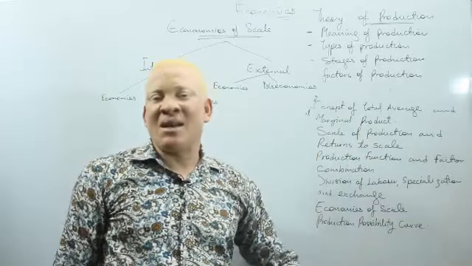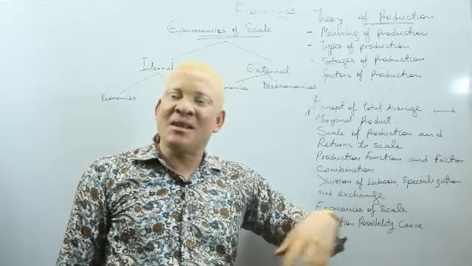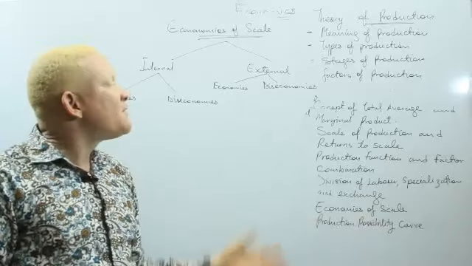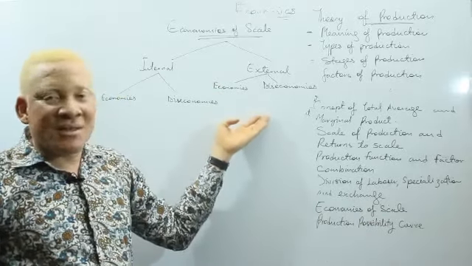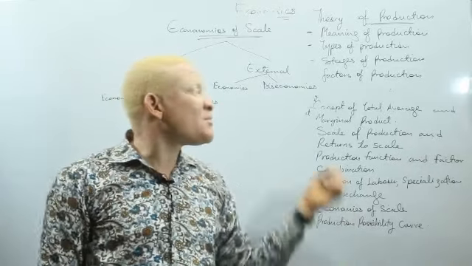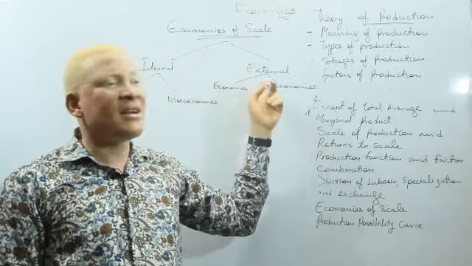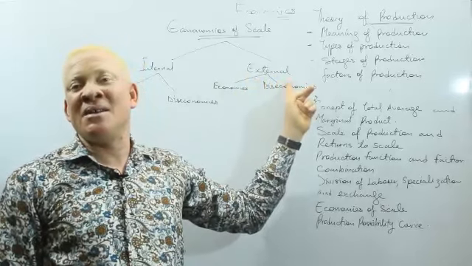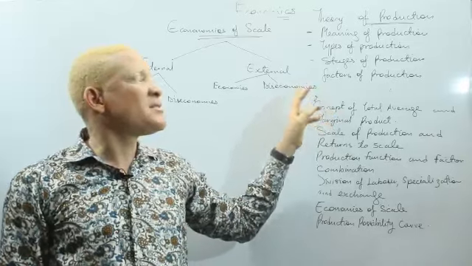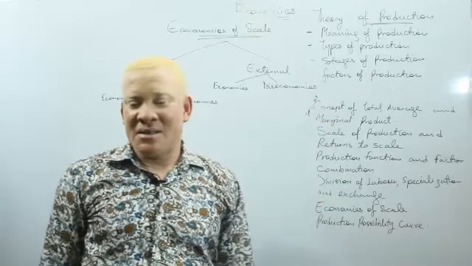That means it enjoys it externally from other firms and other industries, and that is what you refer to as external economies. But the costs or expenses are referred to as external diseconomies.